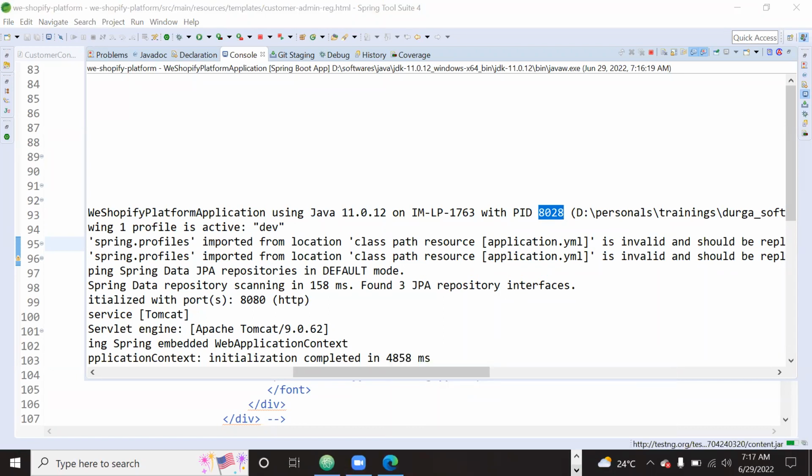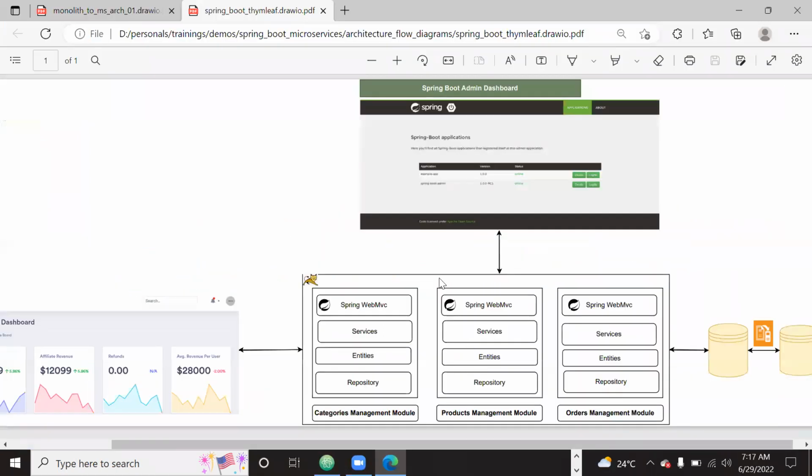So the diagram for that is this one. This box you can see, right? This outer box with this Tomcat symbol is nothing but the process. In this process, the war file has been extracted, which contains the many modules of the application.